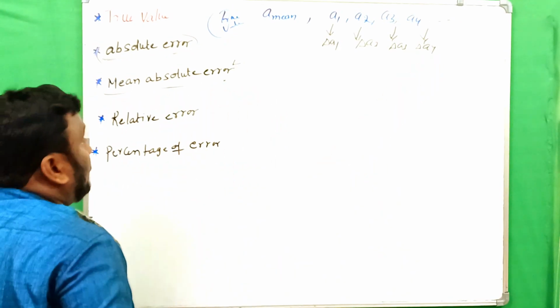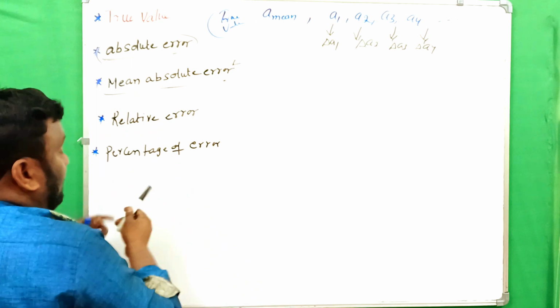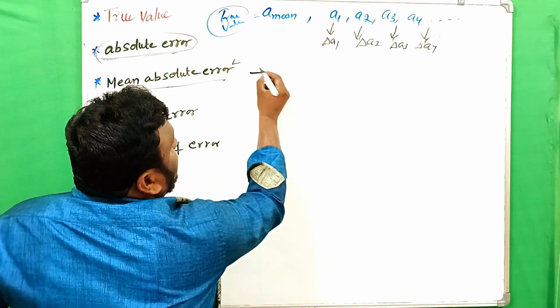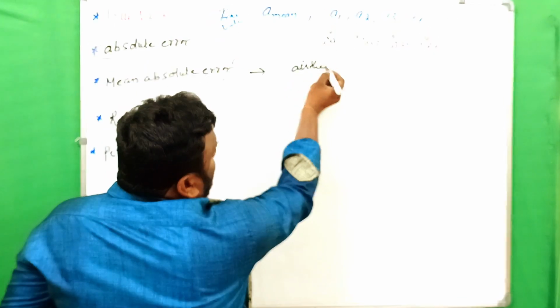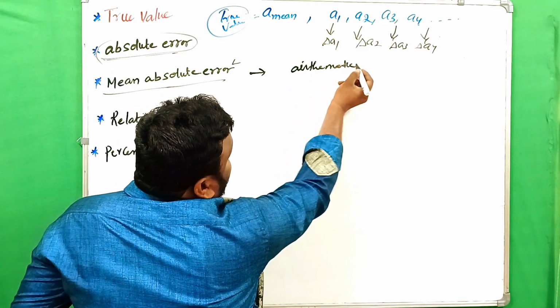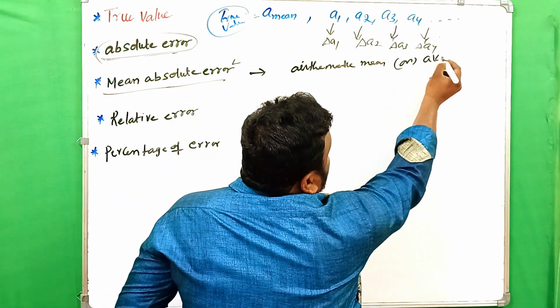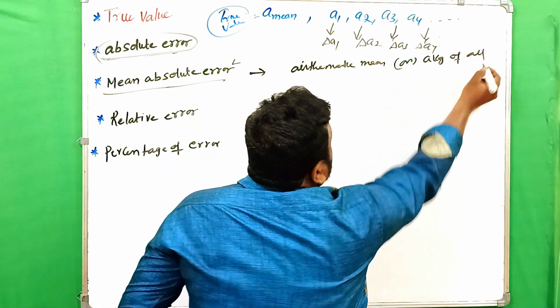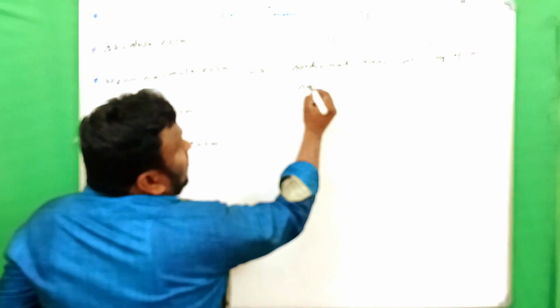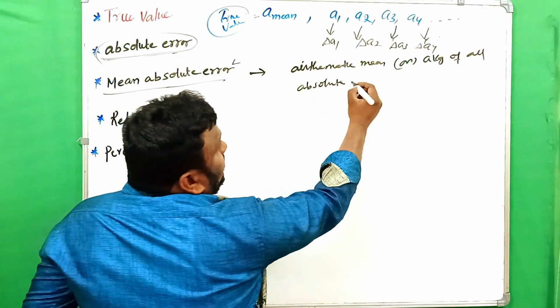Now we can go for mean absolute error: nothing but the arithmetic mean, or average, of all absolute errors.